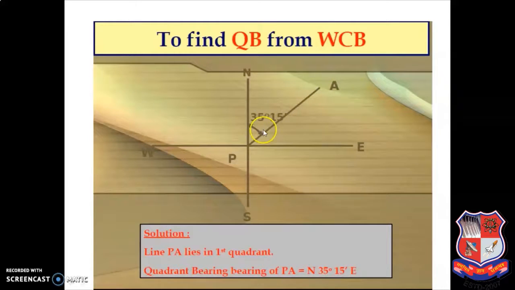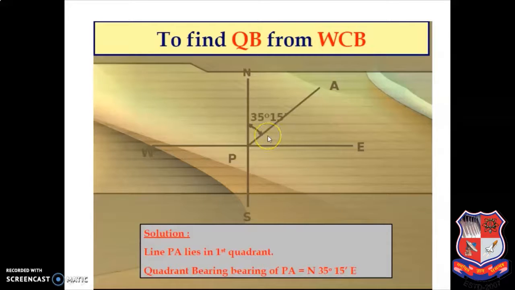I have given the WCB value, 35 degree 15 minute, which lies in the first quadrant, and from this WCB value I have to calculate the quadrant bearing. Remember students, I showed you the first table in which WCB is given and you calculate the RB, and I also told you that you can do it vice versa. If RB is given, you can calculate WCB also. Both examples are there, we can see them one by one.